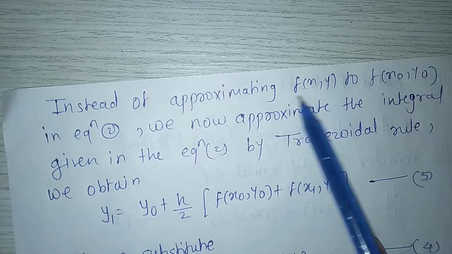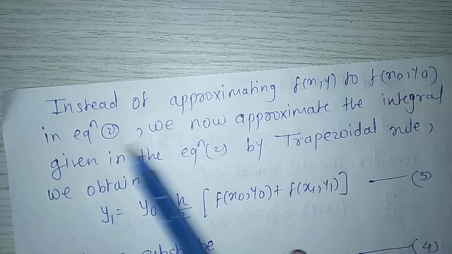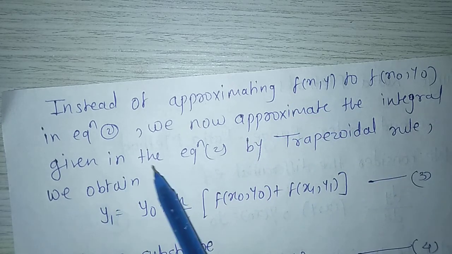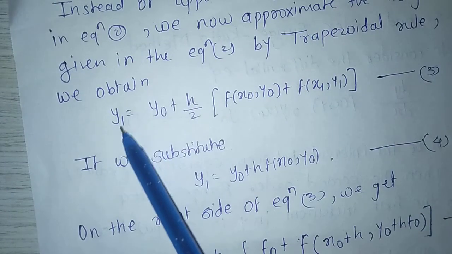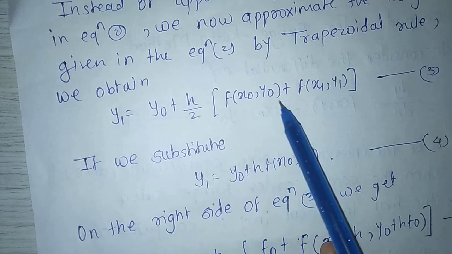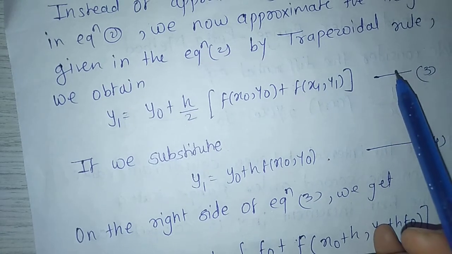Instead of approximating f of x, y to f of x naught, y naught in equation 2, we now approximate the integral given in equation 2 by the trapezoidal rule. We obtain y1 equal to y naught plus h upon 2 into f of x naught, y naught plus f of x1, y1, given as equation number 3.